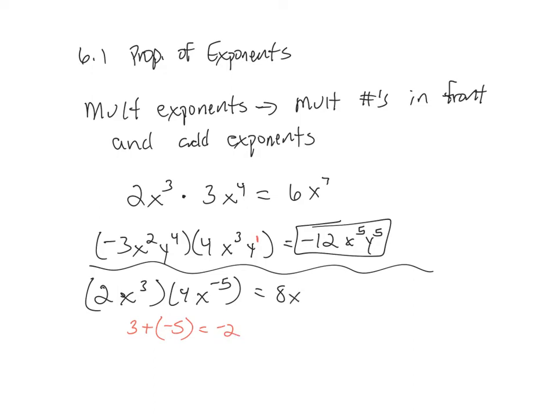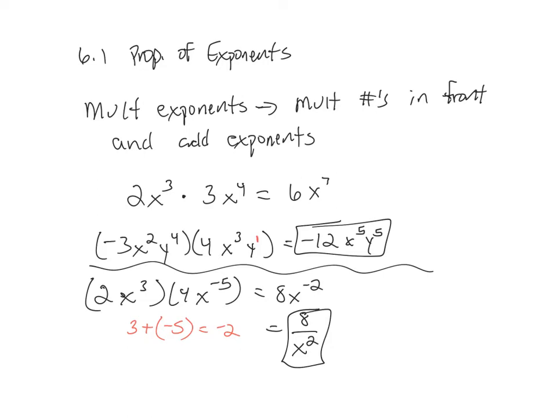So 8x to the -2 power, excuse me, can't have a negative exponent in our answer. We talked about that yesterday. The 8 is fine. So I just moved the x part to the bottom. So some people want to make the -2 go with the 8 also.